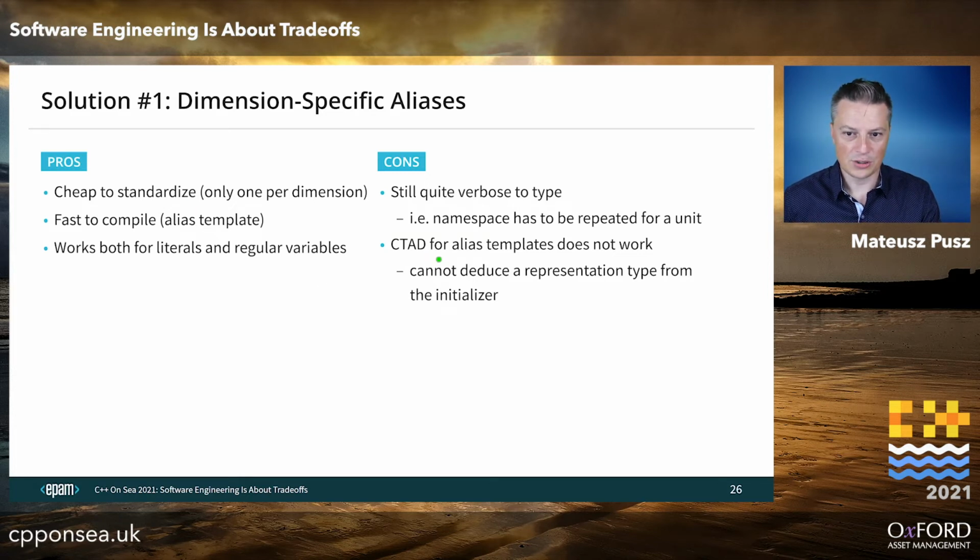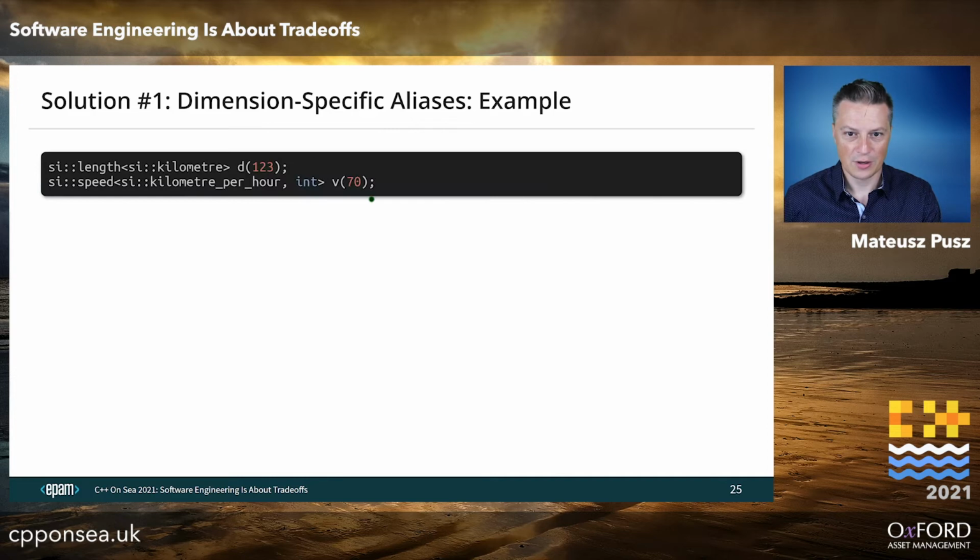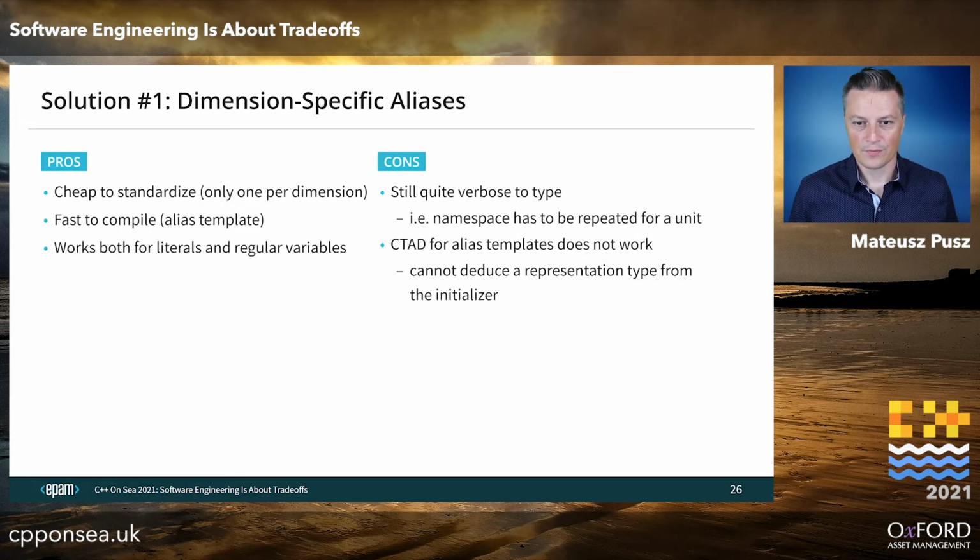Also, class template argument deduction for alias templates does not work in this case. So you cannot deduce the representation type from the initializer. I cannot just assume that this will be deduced from this initializer, because the unit will not be able to be determined from the initializer as well. So let's look for some other solutions.